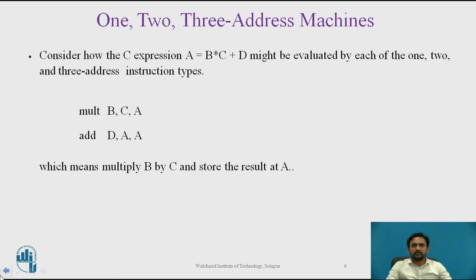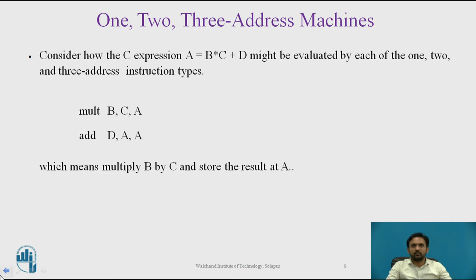Next, 1, 2, 3 address machines. The ARC is typical of a load-store computer. That is, programs written for load-store machines generally execute faster, in part due to reducing CPU memory traffic by loading operands into the CPU only once and storing results only when the computation is complete.